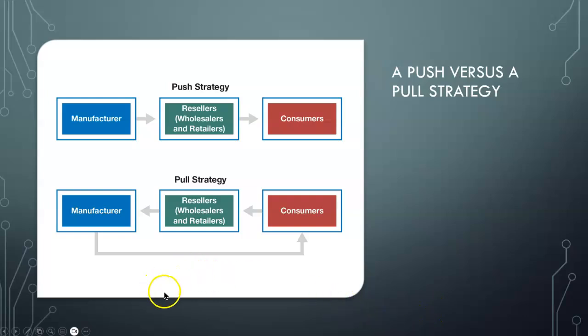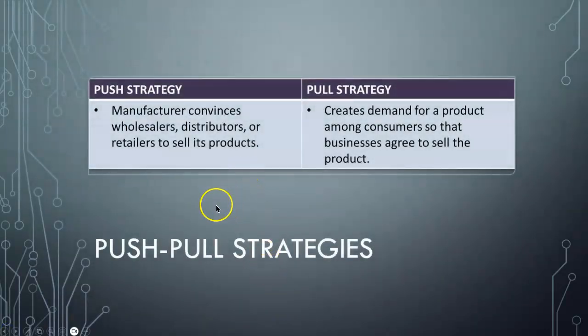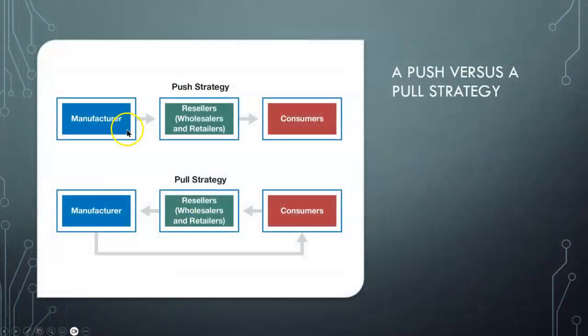So in the push strategy, as was described on the previous screen, the manufacturer convinces wholesalers, distributors, or retailers to sell its products. So here's the manufacturer telling wholesalers, hey, you need to buy this product for this reason. And then it also tells the consumers, hey, you need to buy this product because of this reason.